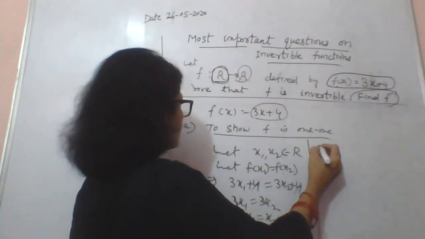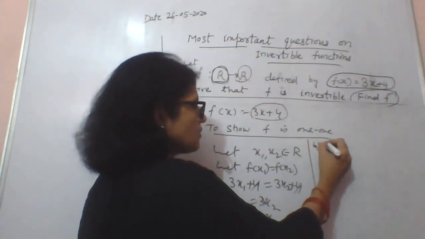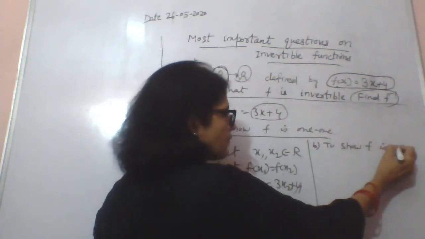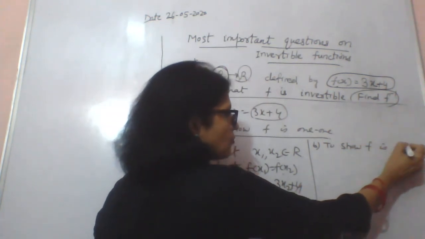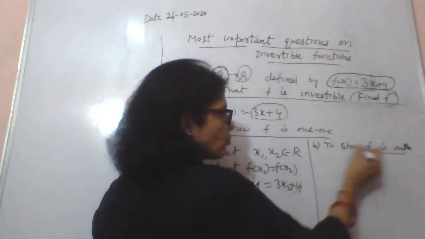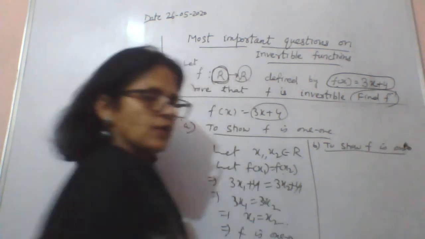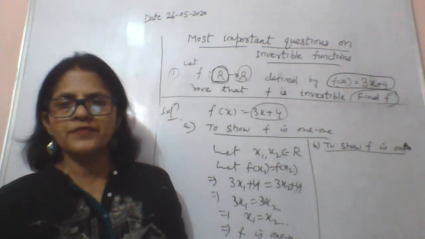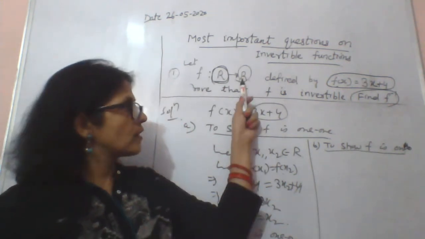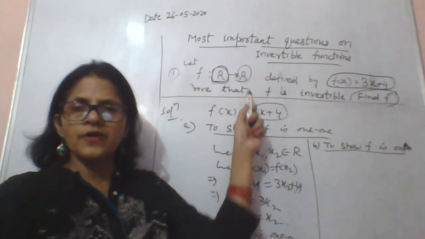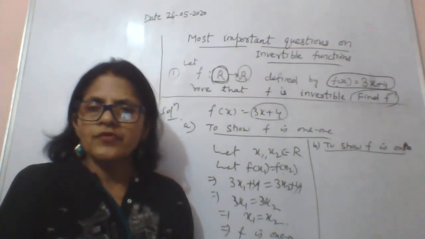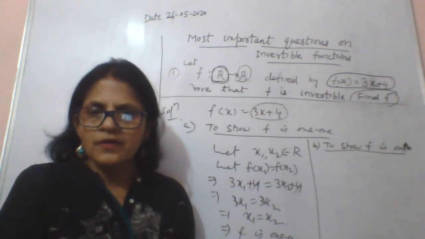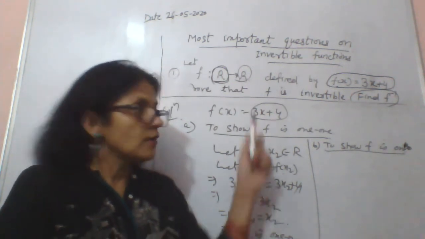The second part is to show f is onto. To show f is onto, you have to show the range of the function equals the codomain of the function. Here the codomain is the set of real numbers. We have to check whether the range is equal to the set of real numbers.